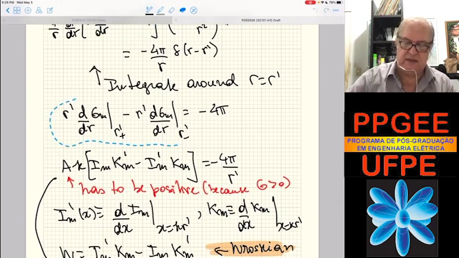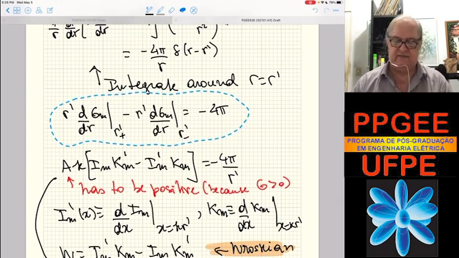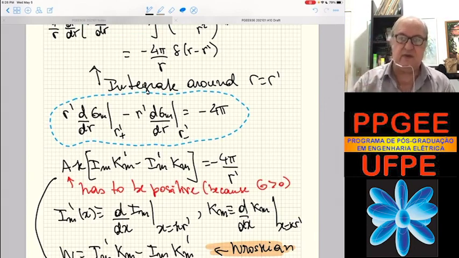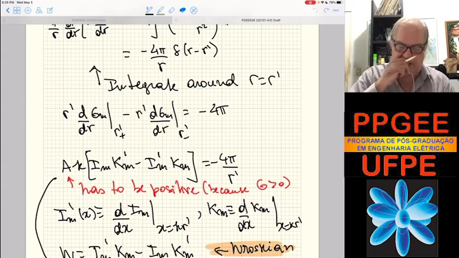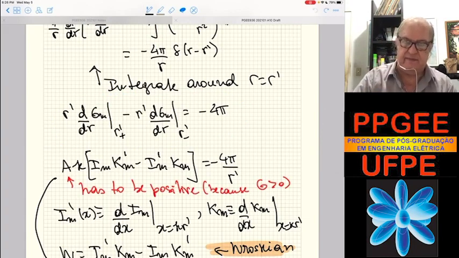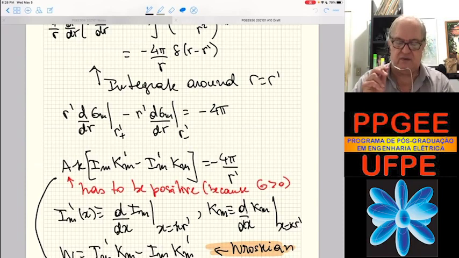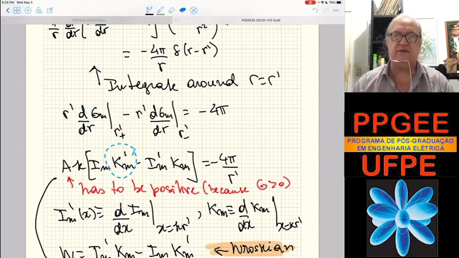We have this continuity in derivatives, okay, if we do the derivative of the function there. Recall that for r larger, here is r, so the function is Km, the one that depends on r.